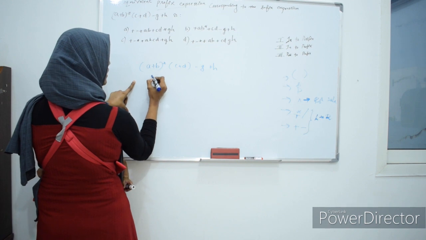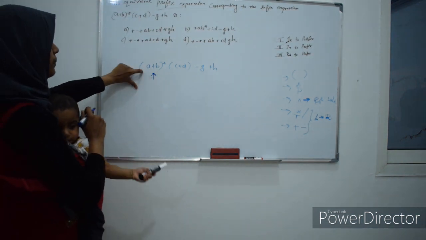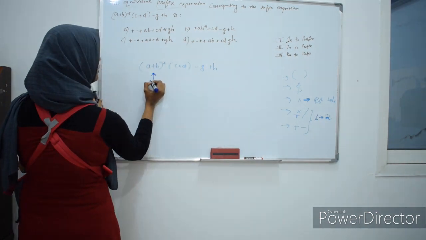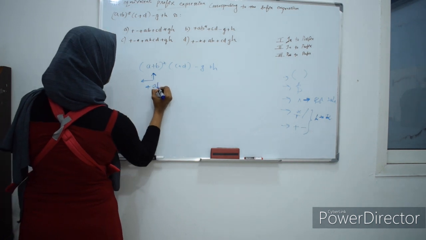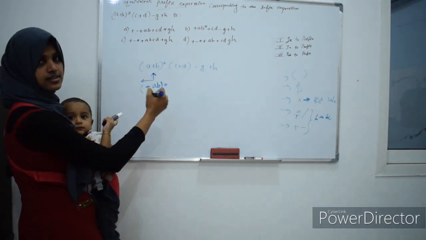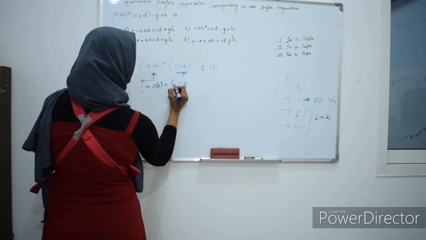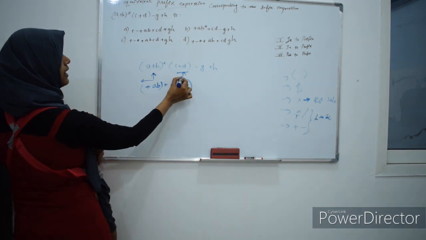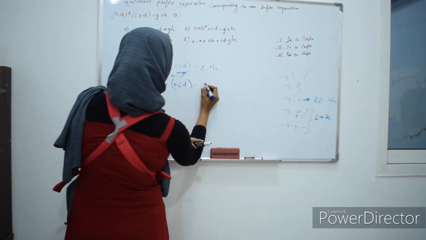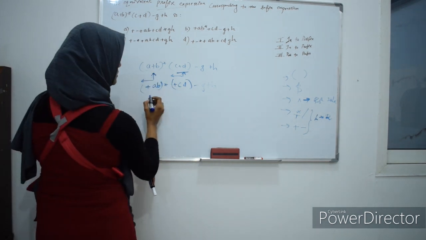For prefix, move the operator to the left side: plus AB, and write the rest as it is. Then the next parenthesis, C D plus: move the operator to the left, because we are converting to a prefix expression. Then minus, G plus H; write the rest as it is. So these are done.